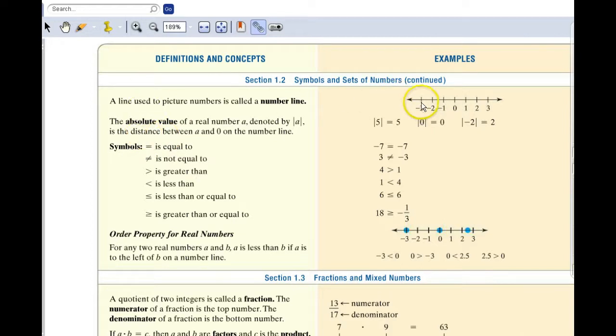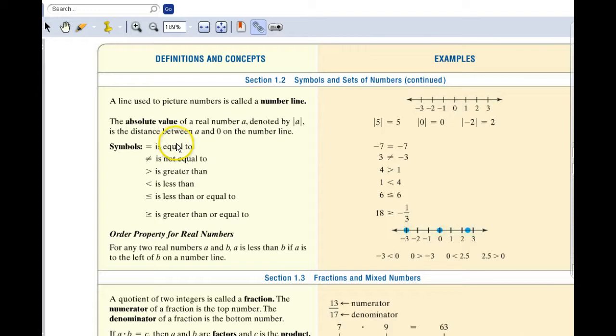There's the number line that is used to illustrate many of the sets we've just talked about. And we mention absolute values. And we put vertical bars on either side of what we're saying is an absolute value. And the absolute value of anything is always its positive value.